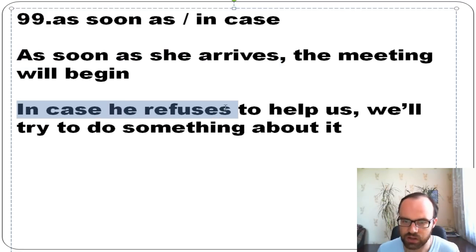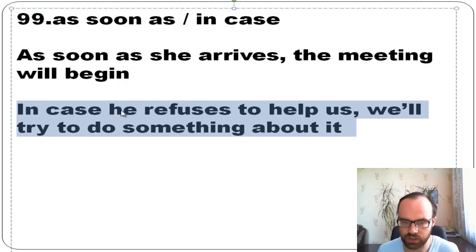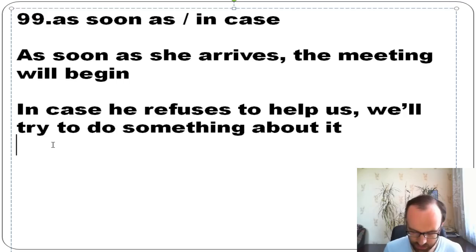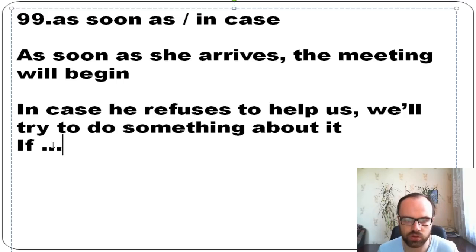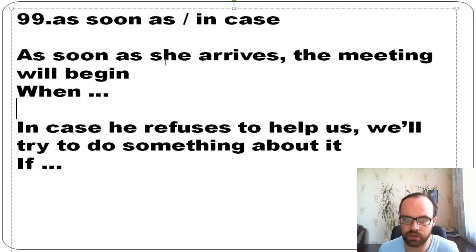In case he refuses to help us, we'll try to do something about it. So in case means if. If he refuses to help us, we'll try to do something about it. And as soon as she arrives means when. When she arrives, the meeting will begin immediately.